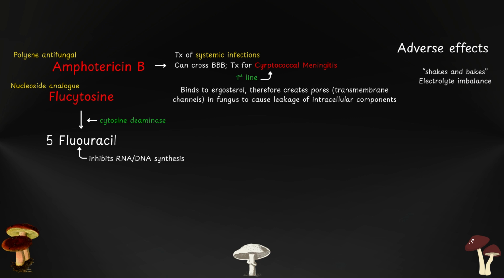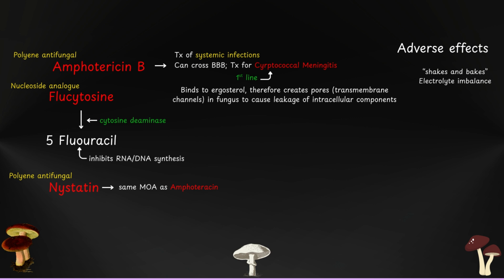Now, uracil is the base found in RNA, not DNA, and 5-fluorouracil will inhibit the synthesis of this genetic material. We then have the third of the agents, again another polyene antifungal, nystatin.